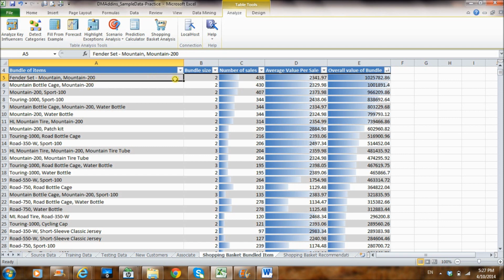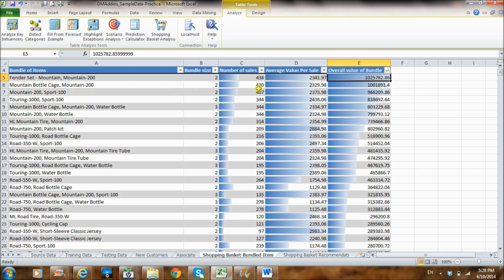This combination happened 438 times in all transactions, and average value per sale was $2,341, and overall value of the bundle is, actually, $1,025,782, and so on.